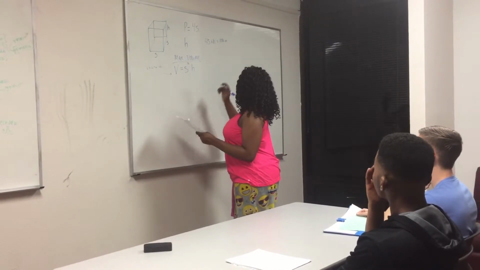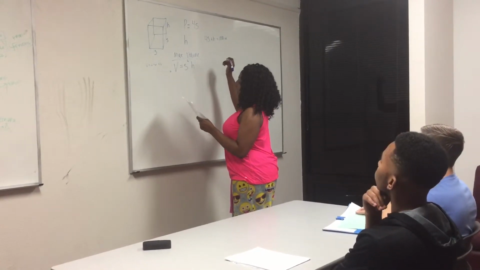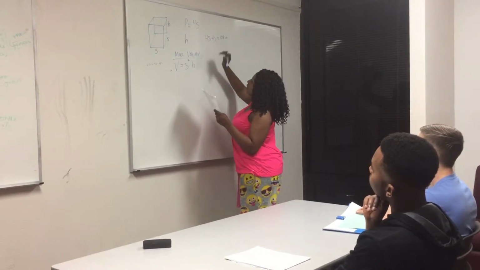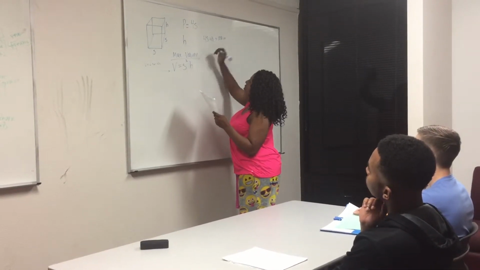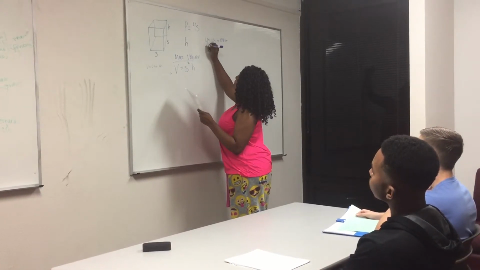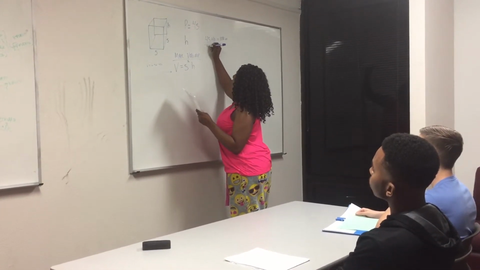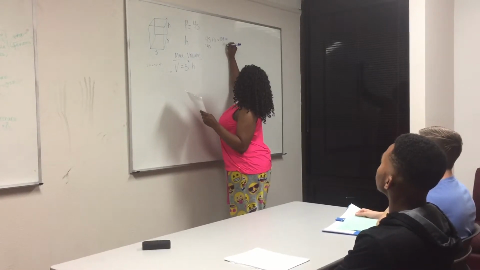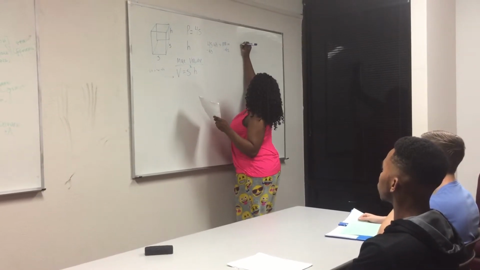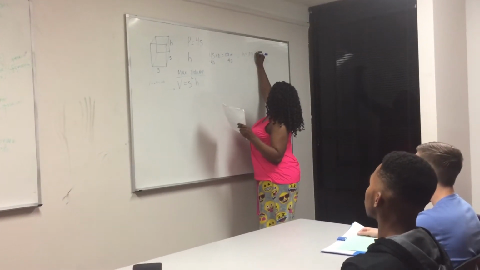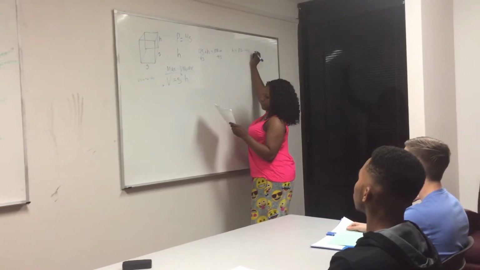This right here is how we find our height. To find the height to plug into the volume equation, we move the 4S over. We subtract the 4S from both sides, so height is equal to 108 minus 4S.